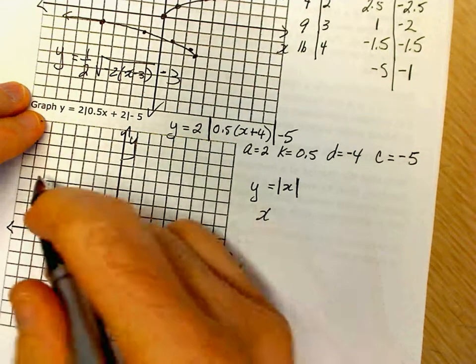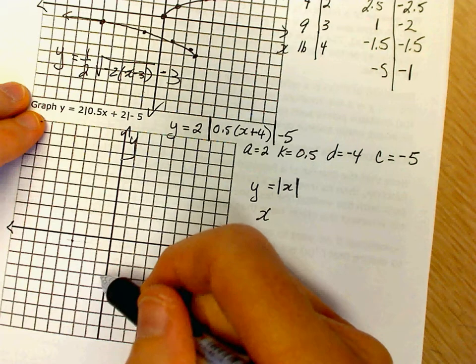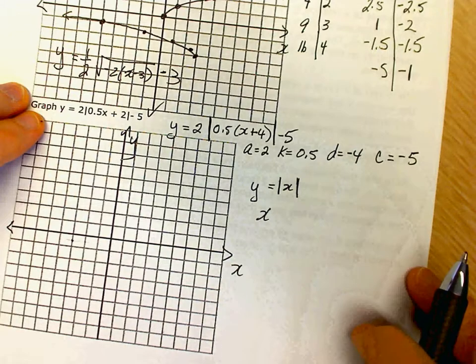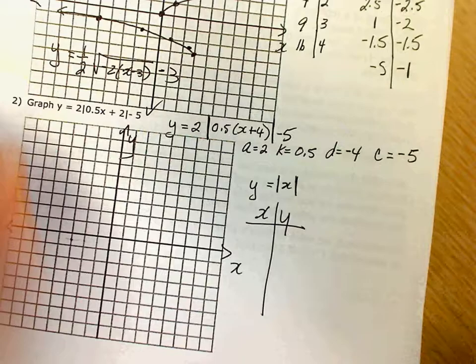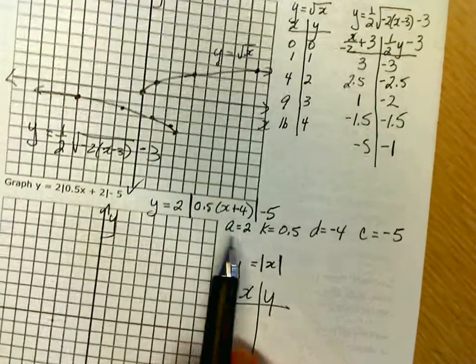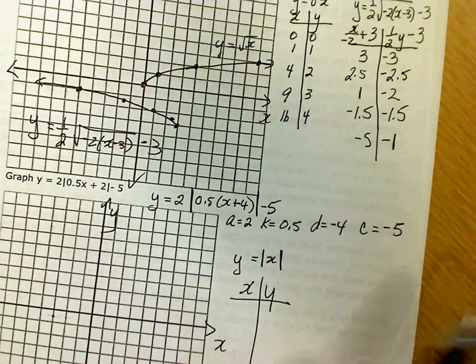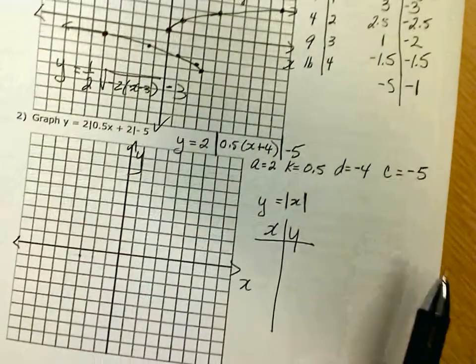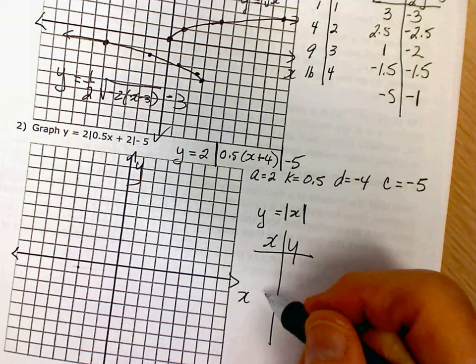You only need the vertex and two other points to get our two other lines. So here's x, here's y. What do you think the vertex might be? Negative 4, negative 5.